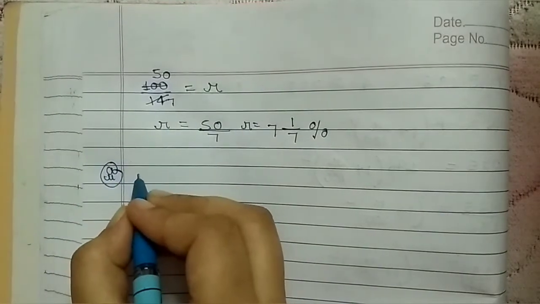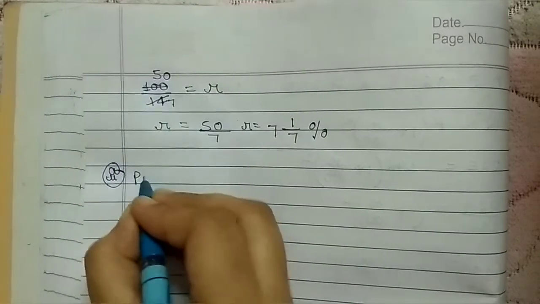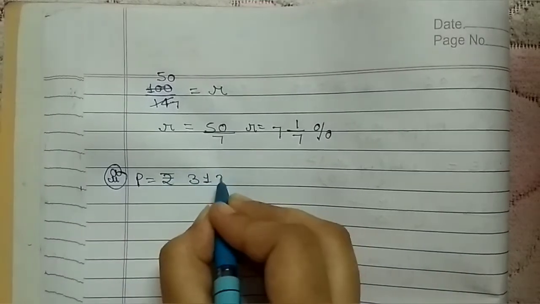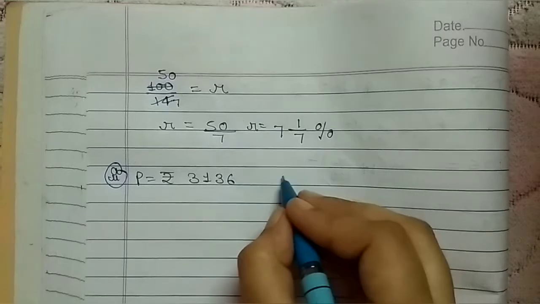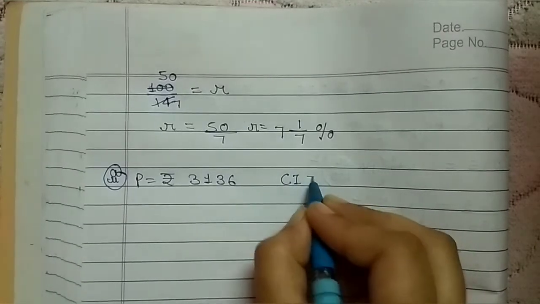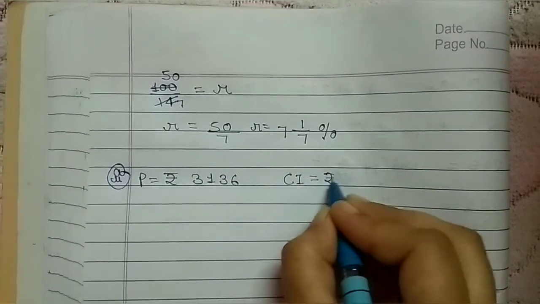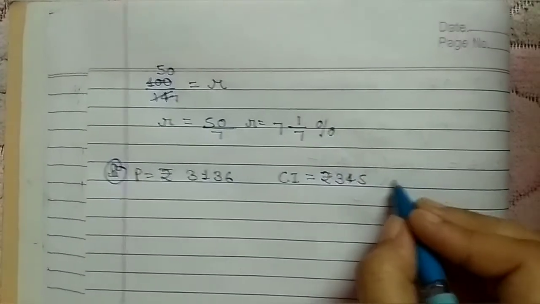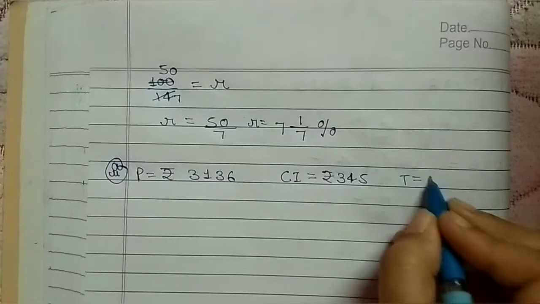Now we will solve question number 7, second part. In second part, we have P equal to rupees 3,136. We have CI equal to rupees 345 and we have time equal to 2 years.